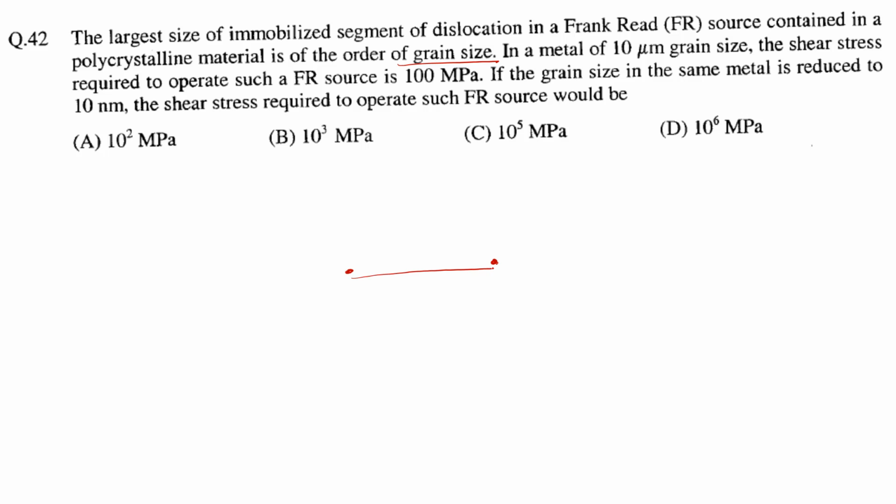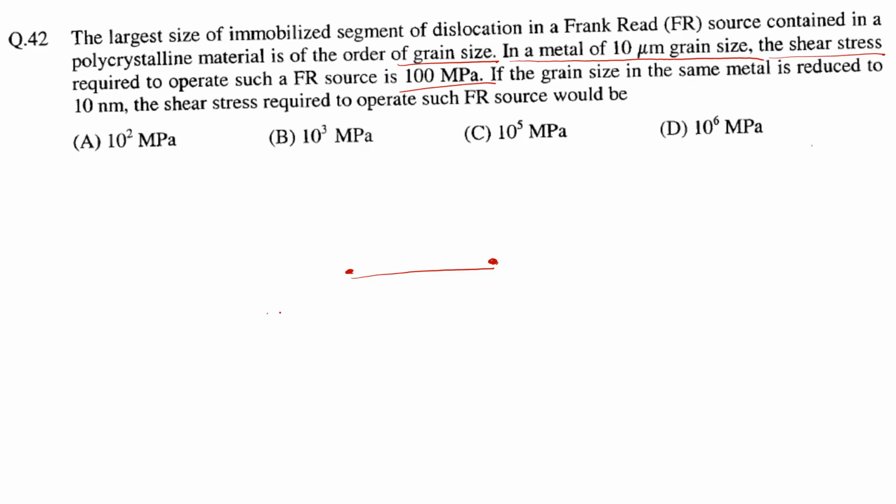Suppose the dislocation is pinned at two locations separated by the grain size. The shear stress required to operate such a Frank-Read source is 100 MPa. First condition: if the grain size in the same metal is reduced to 10 nanometer, what would be the shear stress required to operate such a Frank-Read source?